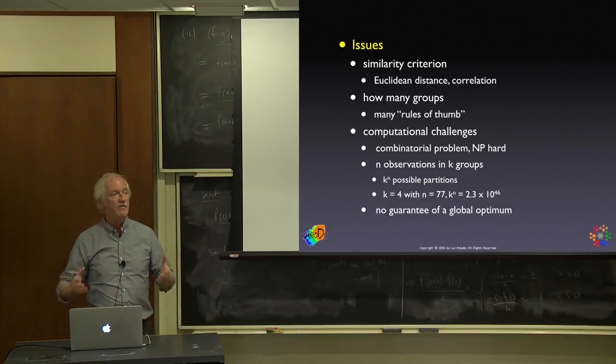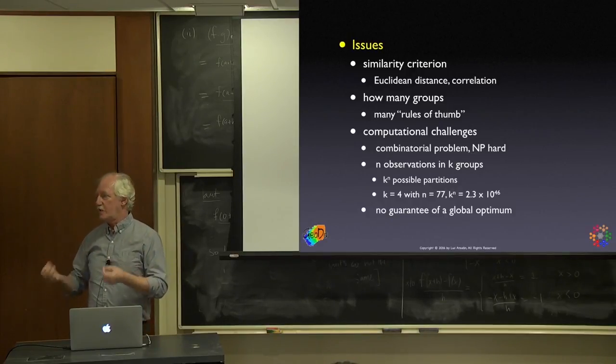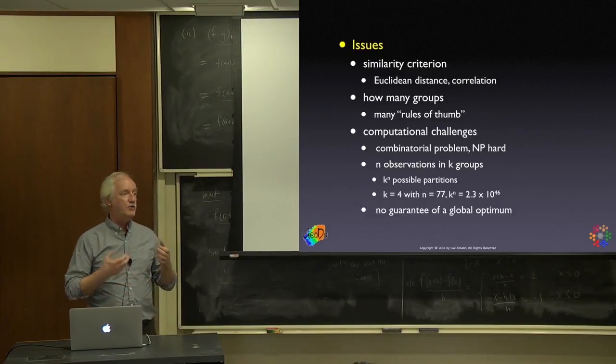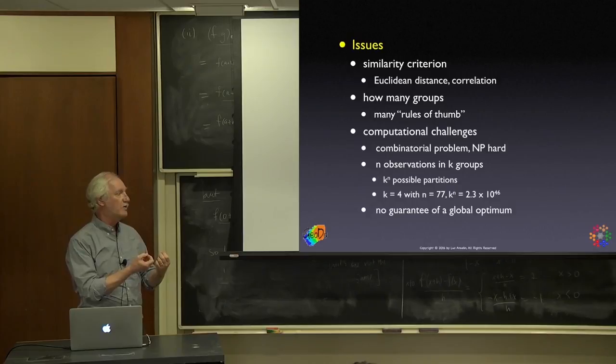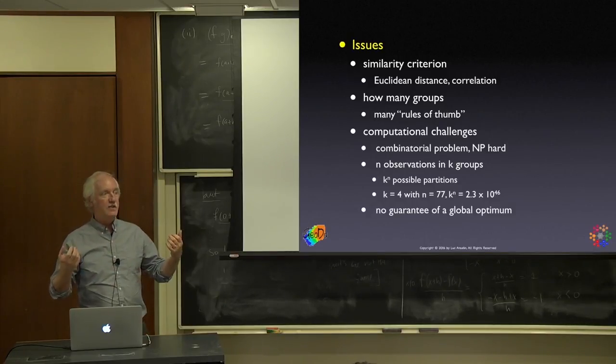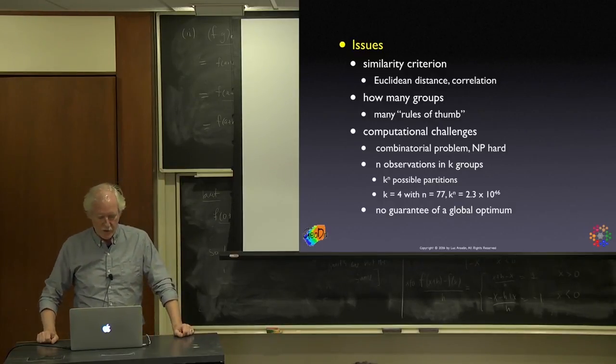Is K 25? Again, there are many rules of thumb, and there are obviously objective criteria to assess what is a good K, because you have the measure of internal similarity, and you have the measure of in-between dissimilarity, so you can see how these stack up with respect to that.